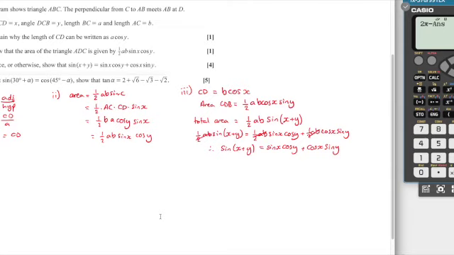So we've got sine of 30 plus alpha is cos of 45 minus alpha. So we know from the formula we've just come up with that the sine of that is sine 30 cos alpha plus cos 30 sine alpha.